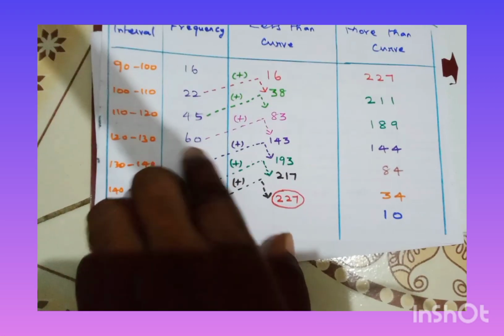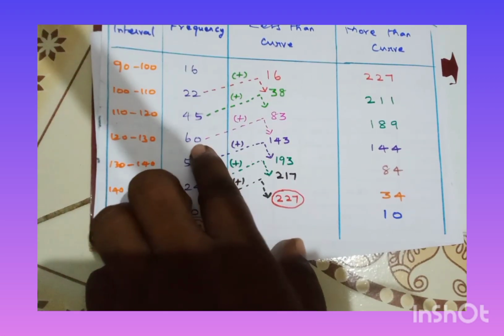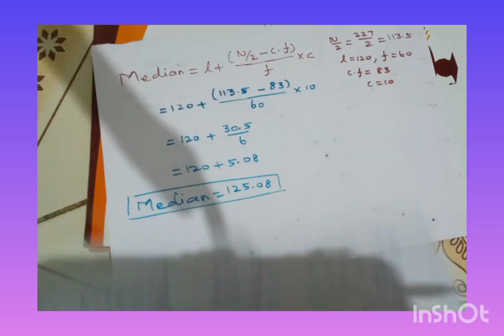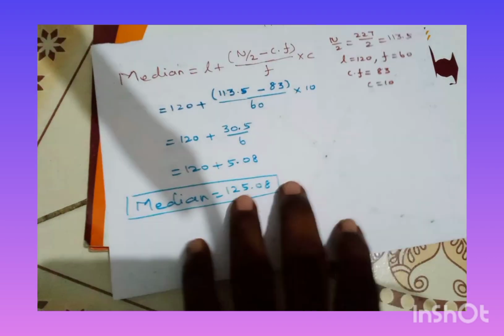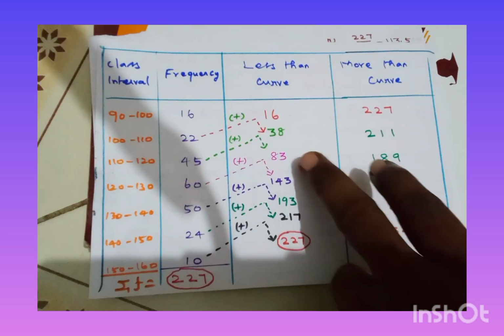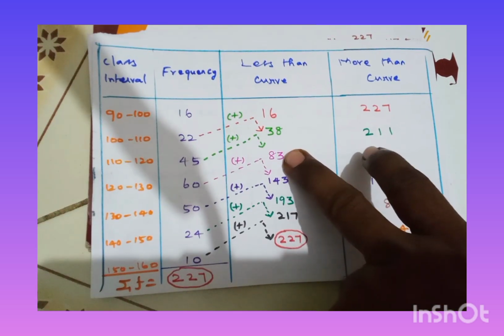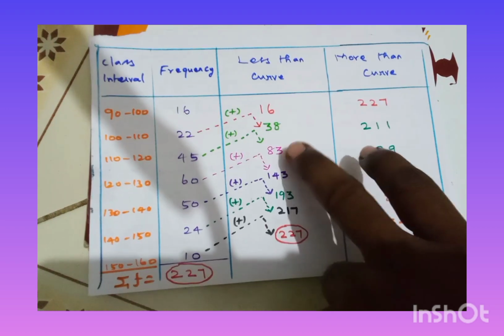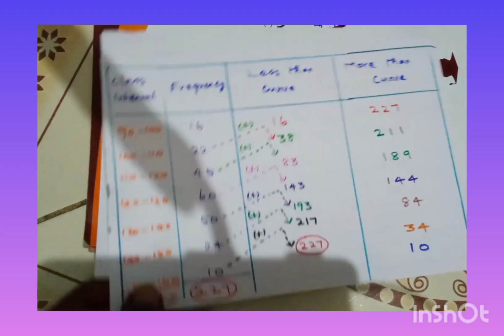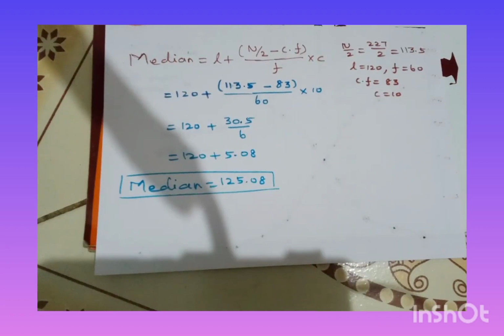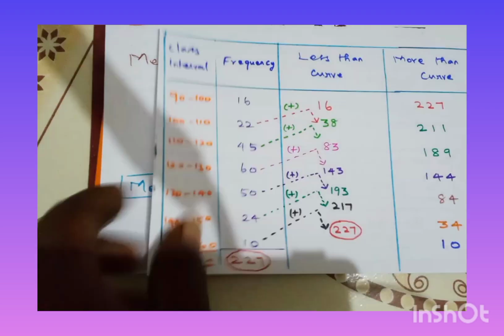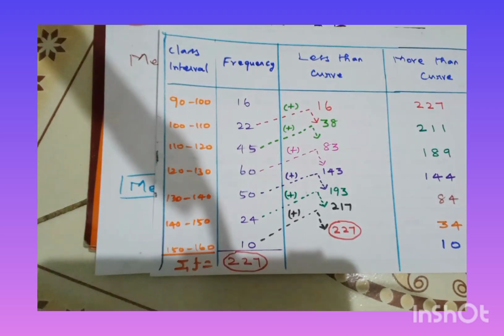And then what about F? F is the respective frequency of the same interval, 60, which I have chosen. Then what about Cf? 113.5 lies between 83 and 143. So let us choose the least among the two, the least cumulative frequency, 83. And what about C? C is the difference between each interval, which is 10, isn't it?